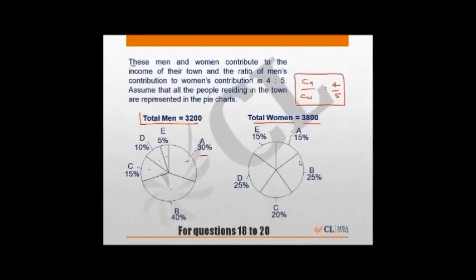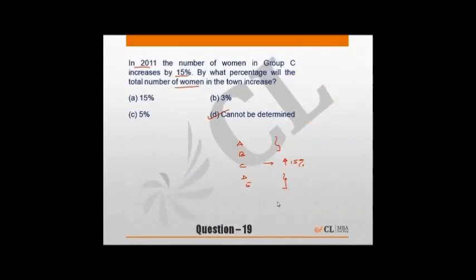Let me just quickly see. Group C is 20%. As of now the answer is insufficient data, but I'm just modifying the question. Had the question been that C goes up by 15%, all others remain constant, then what will be the share of C?